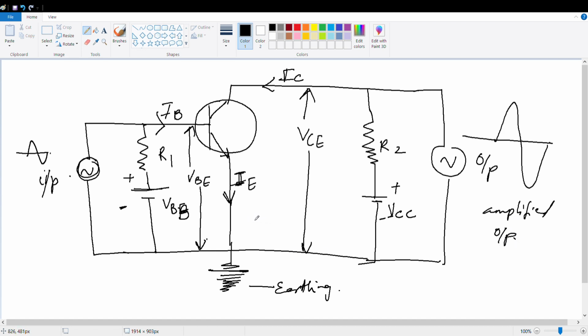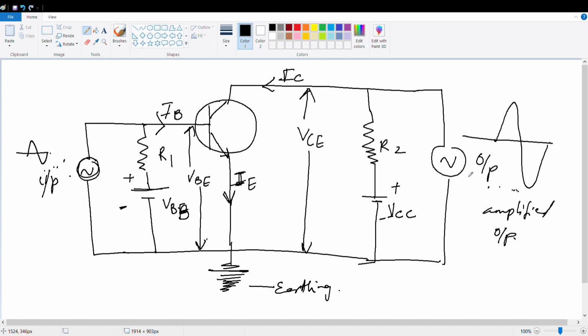Am I correct? You are giving an input AC signal and you are getting the same signal, but as an amplified output. Yes, sir. Good.